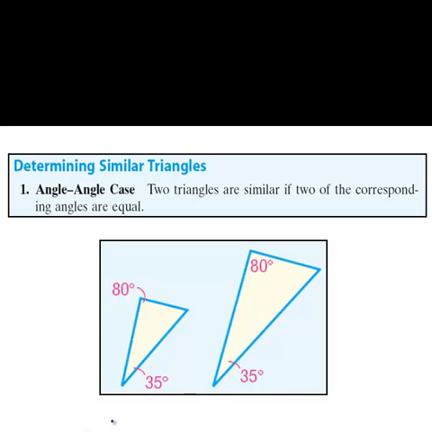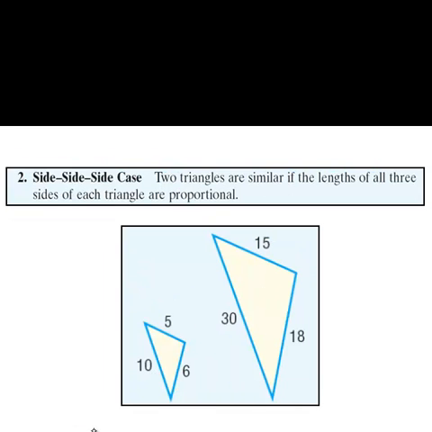Now, how do you determine that two triangles are similar? Well, you could look for an angle-angle case. If you have two adjacent angles being the same between the two triangles, then the two triangles are similar. Side by side, meaning the two triangles have sides that are proportional to each other.